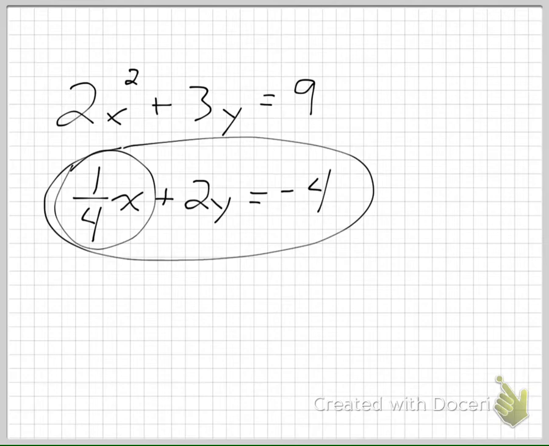That's not a problem. If it was 4 over x, would that be a problem? Yes, the x is a denominator. That's no good. But 1/4 x plus 2y equals -4, totally fine.